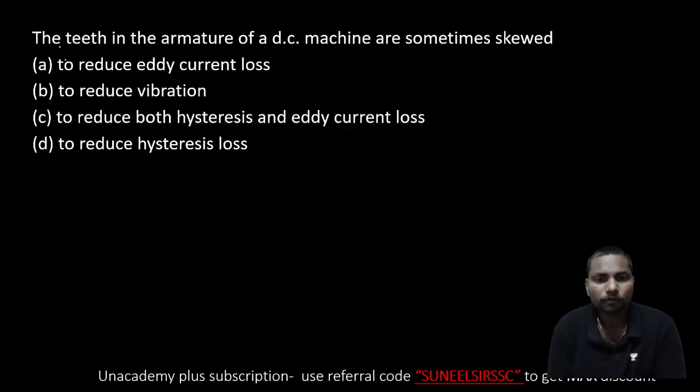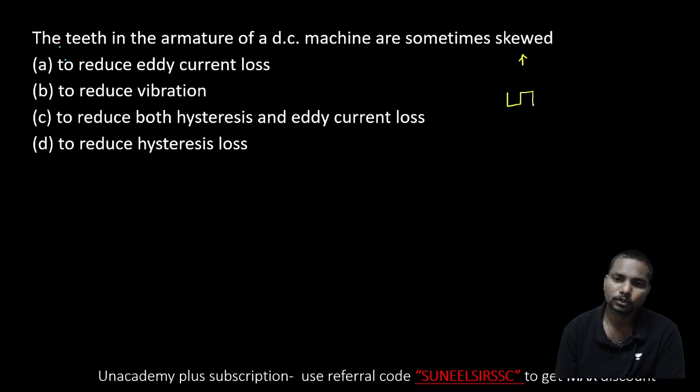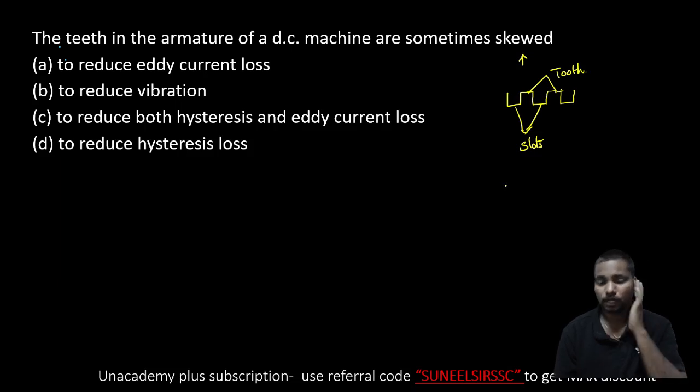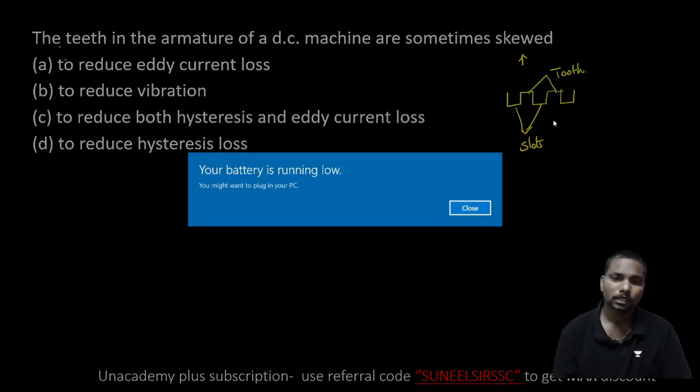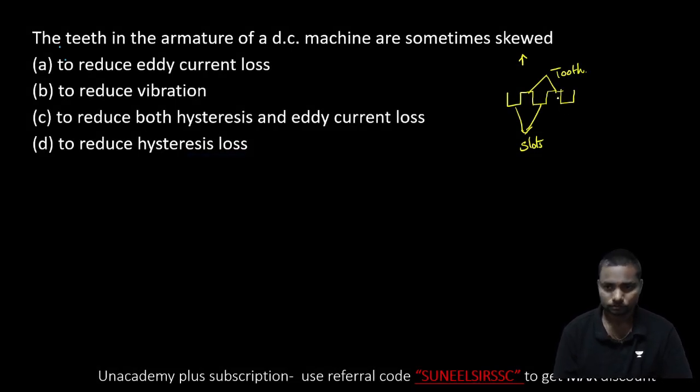The teeth of armature of a DC machine are sometimes skewed. Skewed means we are making some angle. So this one is a slot and this one is a tooth or teeth. Generally it is straight, but in case we make some skew, we are making it like this, at some angle.